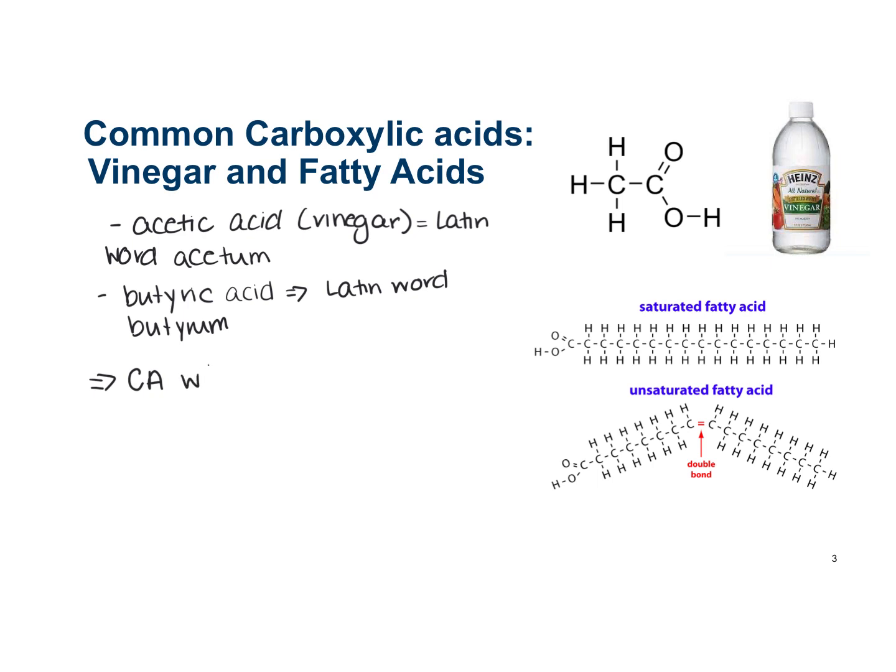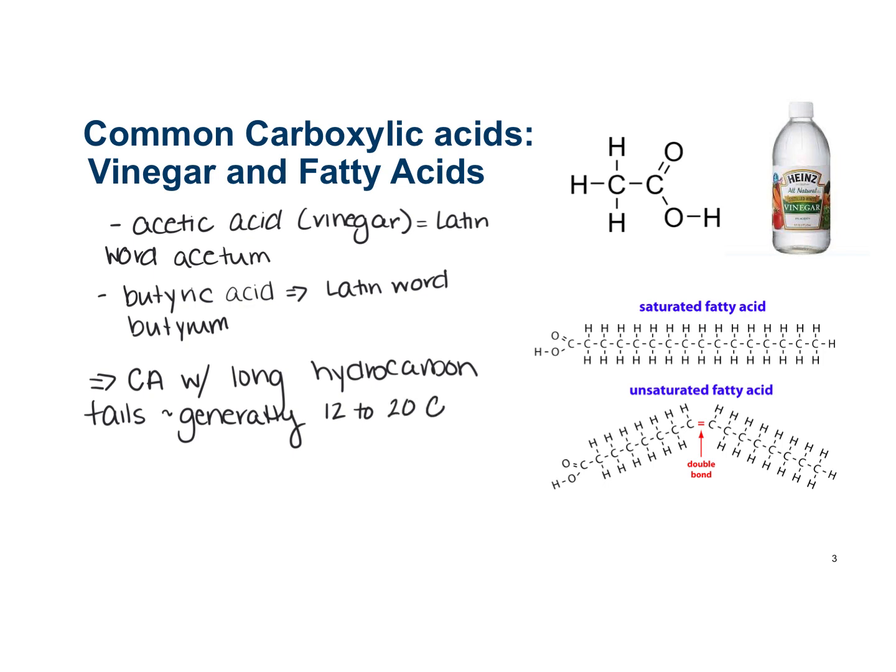Carboxylic acids with long hydrocarbon tails, generally about 12 to 20 carbons, are called fatty acids. We're going to talk about these again in chapter 19. The reason they're called this is because they were first isolated from fats.